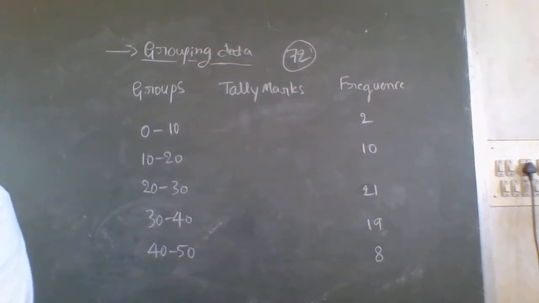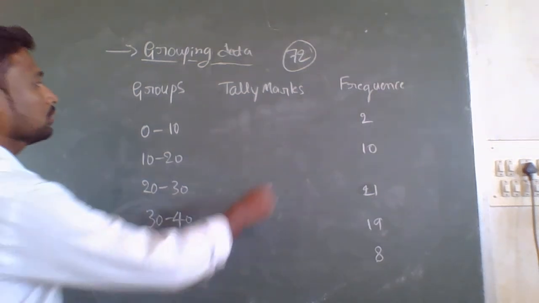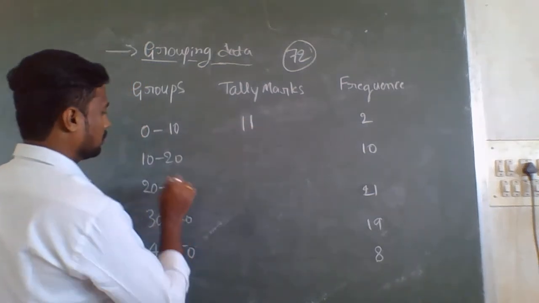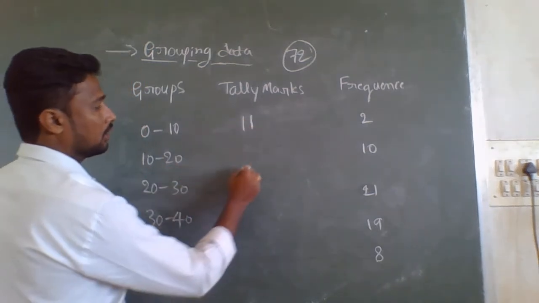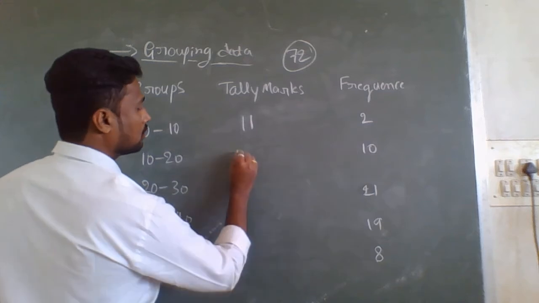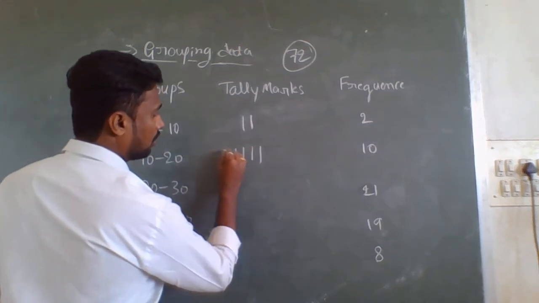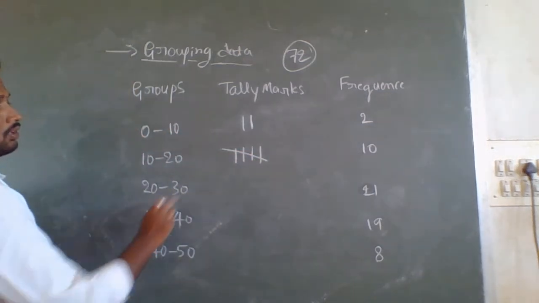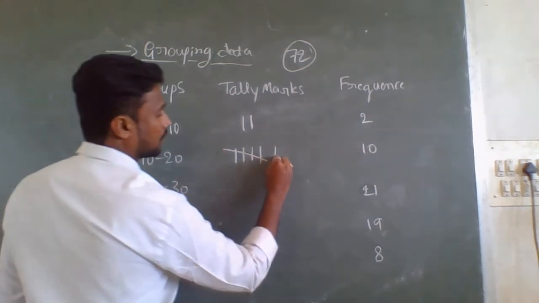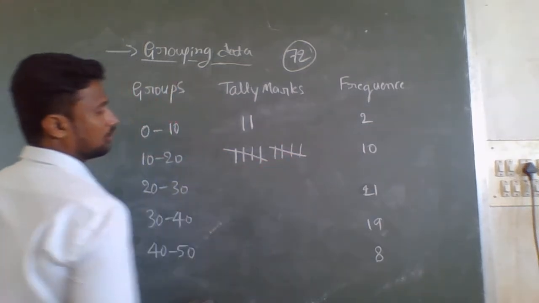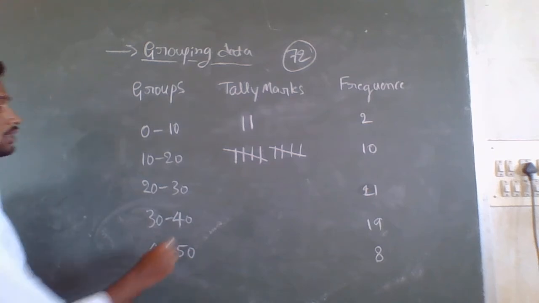Now I will represent tally marks. Here 2 students means 2 marks. For 10 to 20, how many students? 10. 1, 2, 3, 4, and for the fifth there is one cross mark. Again 1, 2, 3, 4, 5. This is for 10. Next 21.